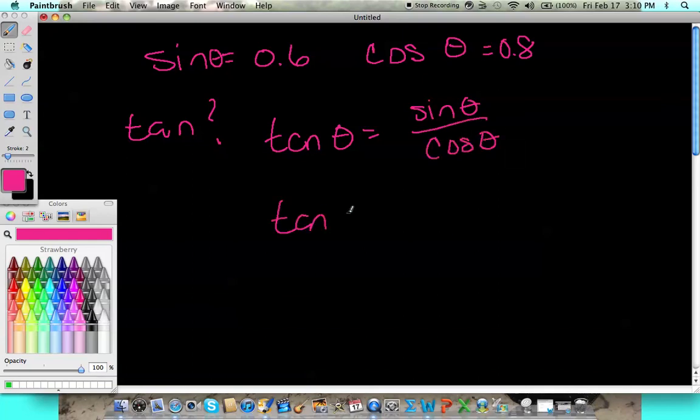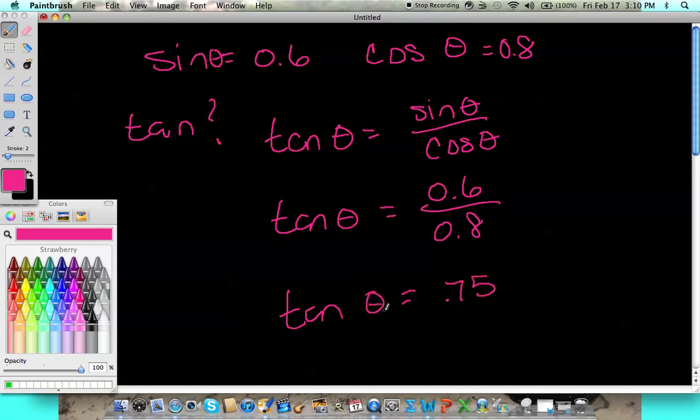So tangent's got to equal 0.6 over 0.8. And when I do the math out, I find out that the tangent of theta equals 0.75. So I can use these identities to help me solve for unknown pieces without having to draw a triangle.